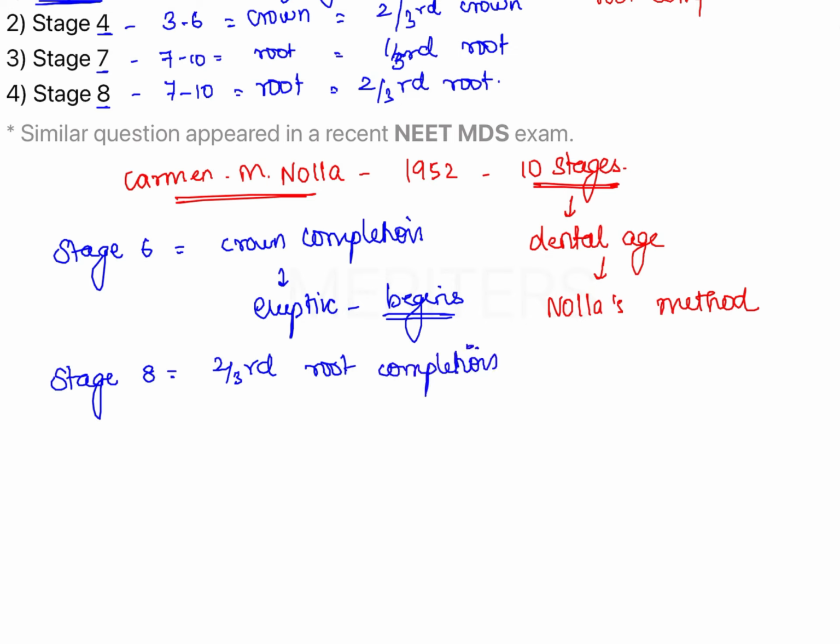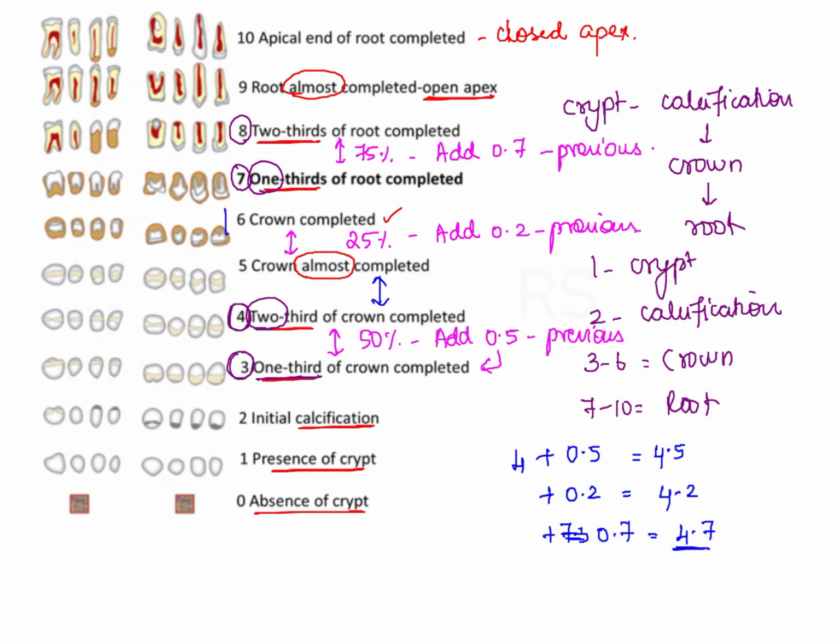So once the root is 2/3 done, then the tooth begins to erupt into the oral cavity. So these are the two important points we should remember regarding stage 6 and stage 8. Once the crown is completed, the eruptive movements begin, but only when the root is 2/3 completed, then it will erupt into the oral cavity. So these are some of the important additional points to remember.